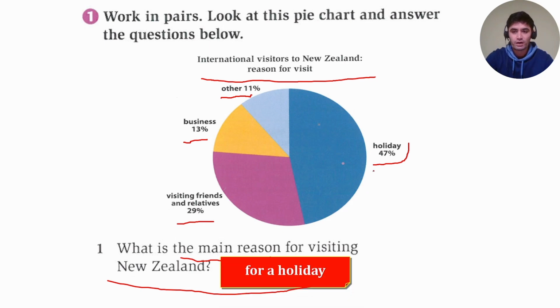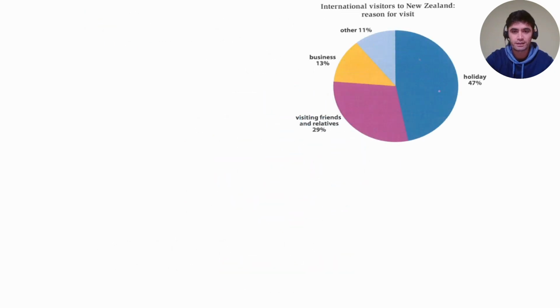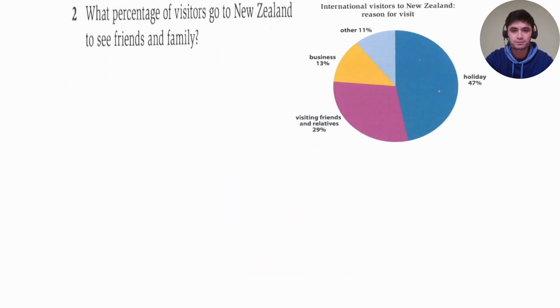Now let's move on and take a look at more charts. So here we have a pie chart again, and we have another question here. What percentage of visitors go to New Zealand to see friends and family? Let's check.